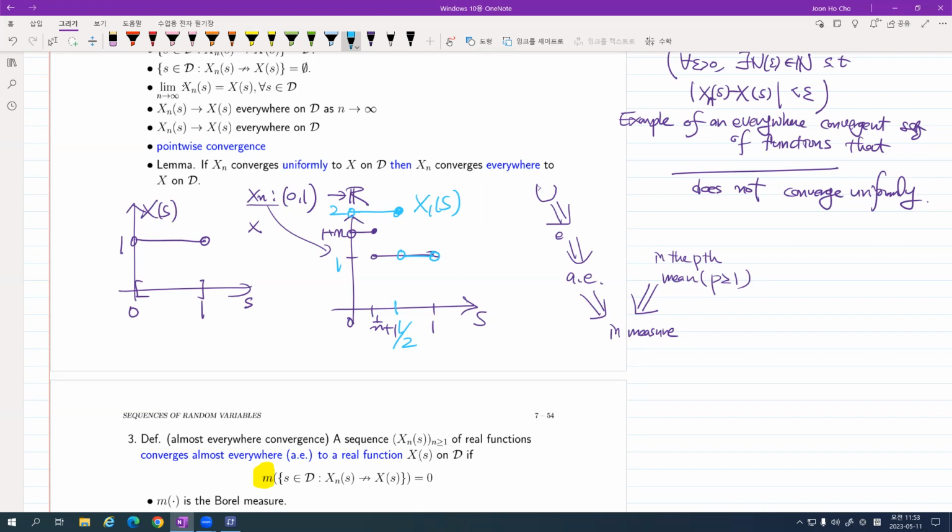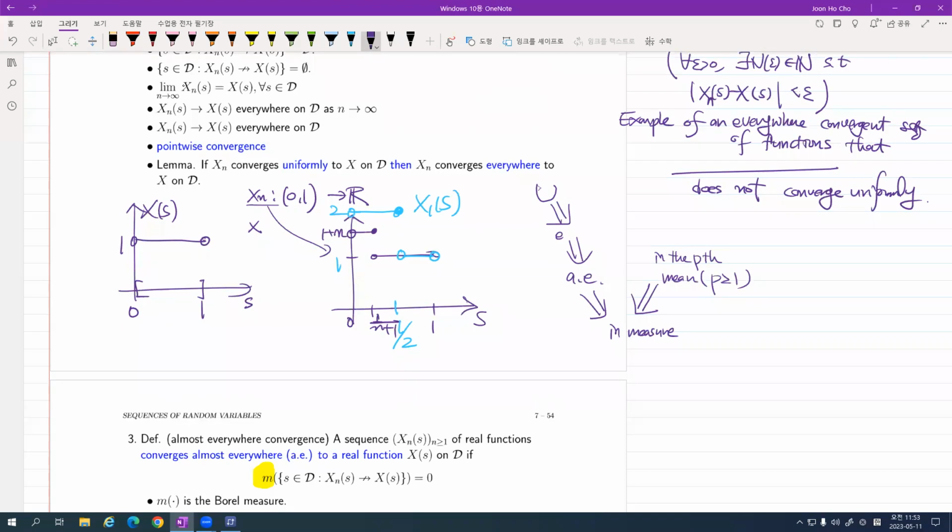But suddenly, after n increases, it goes to 1, and it is 1 after that, right? So if you choose any number greater than 0, then you can always find sufficiently large n, because 1 over n plus 1 converges to 0, right?